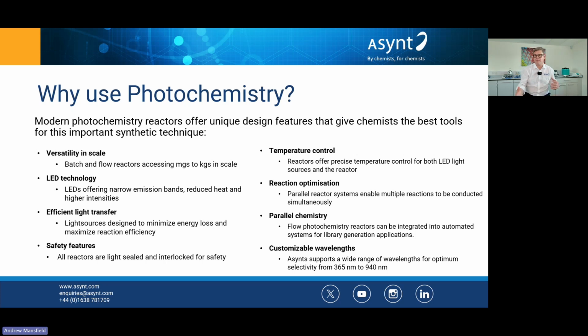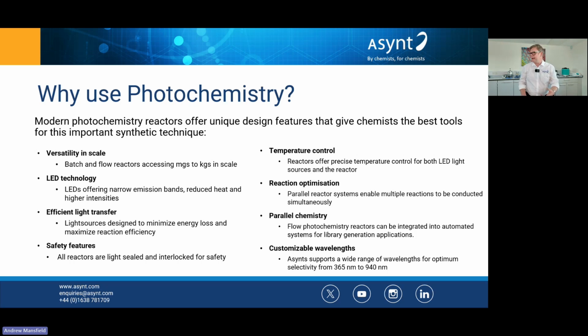Access to both batch and flow photochemical reactors allows us to optimize and explore method development under batch conditions, and then potentially use flow methods to scale. And we have customers that are working in tens of kilograms on large, high-intensity, continuous photochemistry reactors.